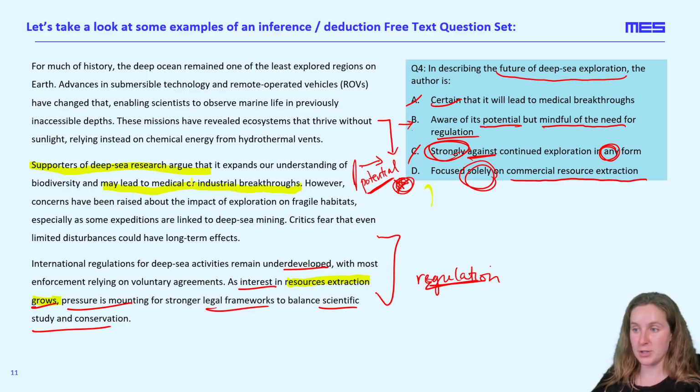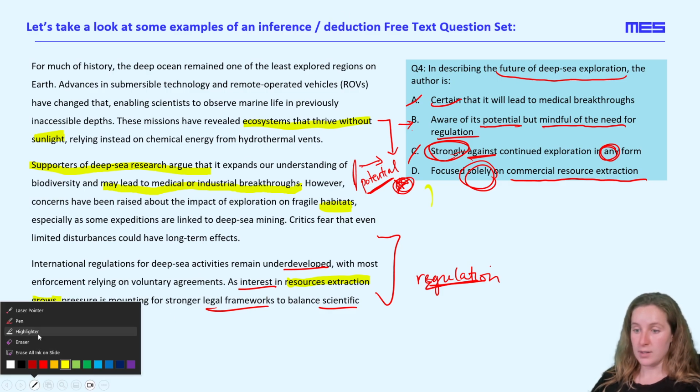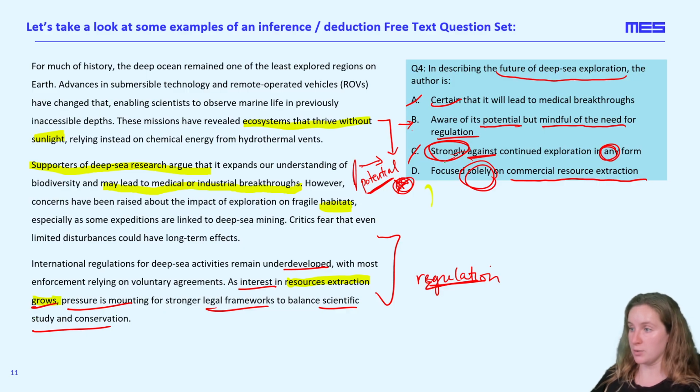It's much more about the potential in medical and industrial breakthroughs, about the ecological concerns, about the ecosystems that thrive without sunlight, suggesting that there may be new things to discover here, but certainly not that it should only concentrate on deep sea mining or commercial resource extraction. So that leads us to B as our answer.